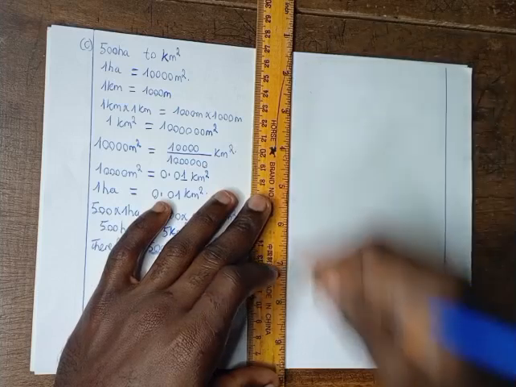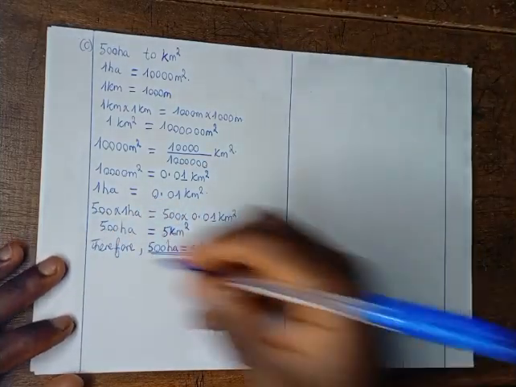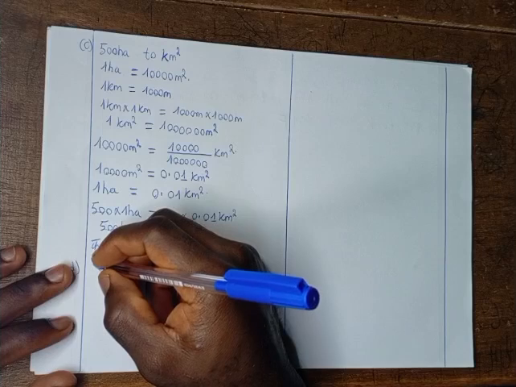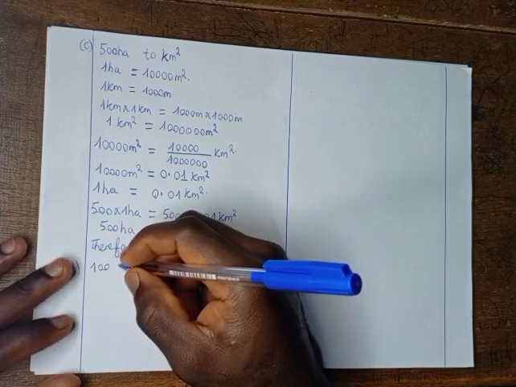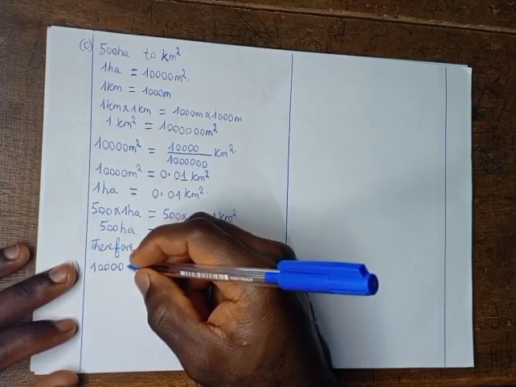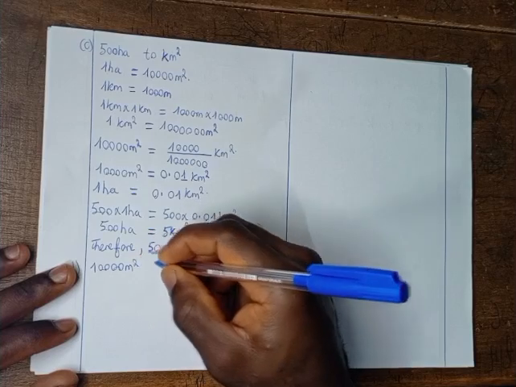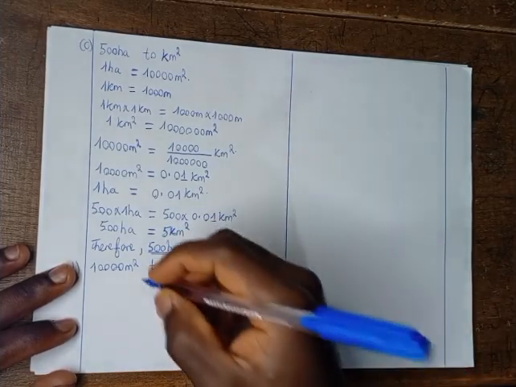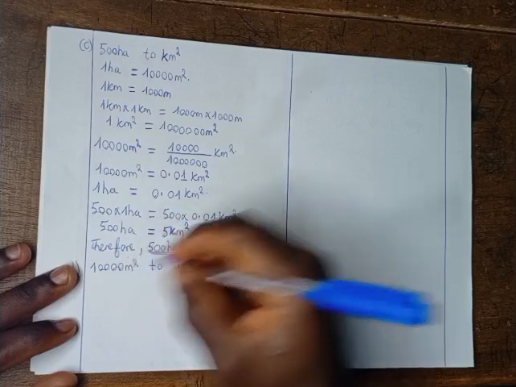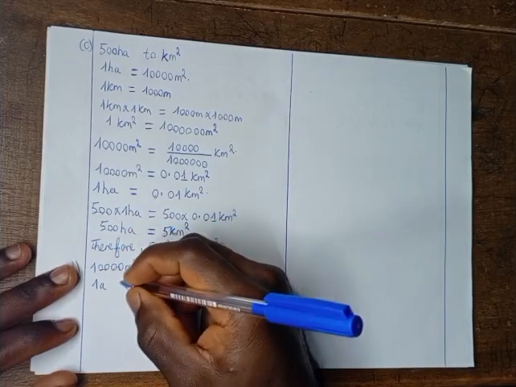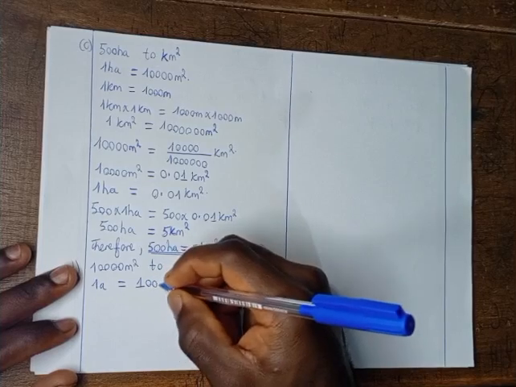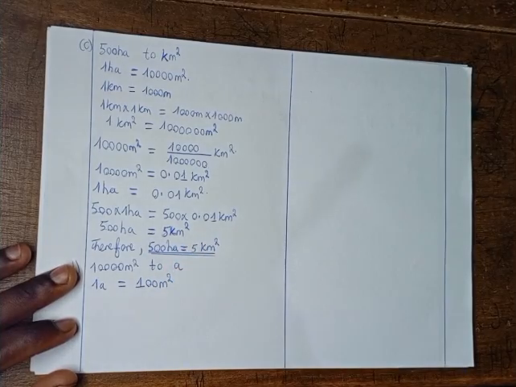We go now to D. For D, we are to convert 10,000 meters squared to R. First, we know that 1 R is equal to 100 meters squared.